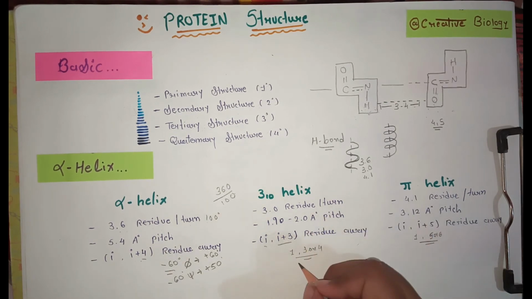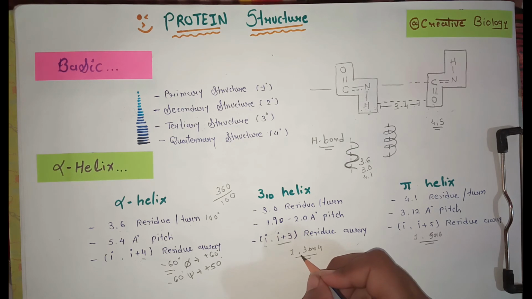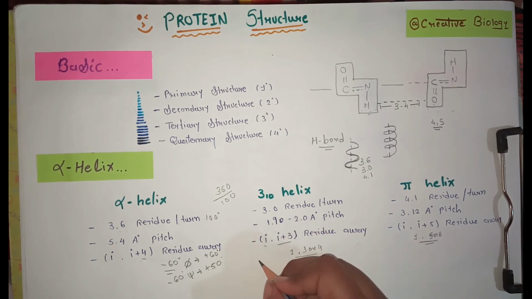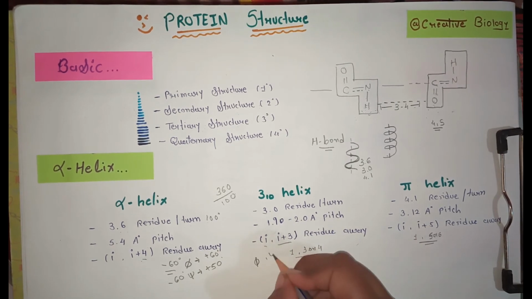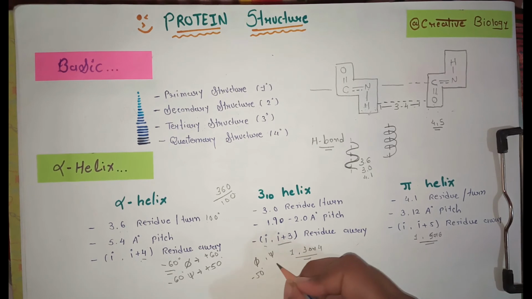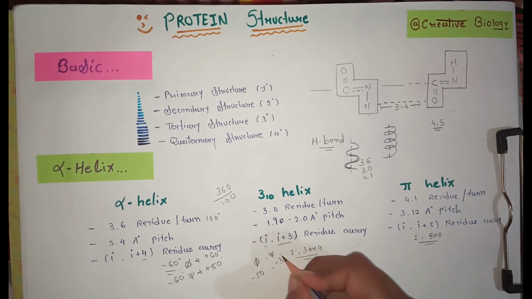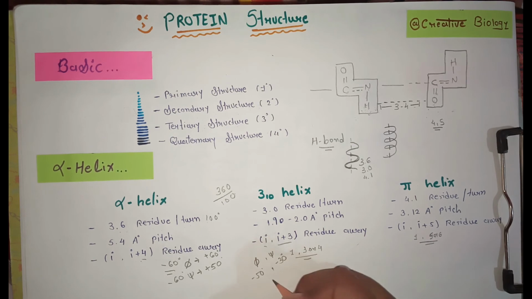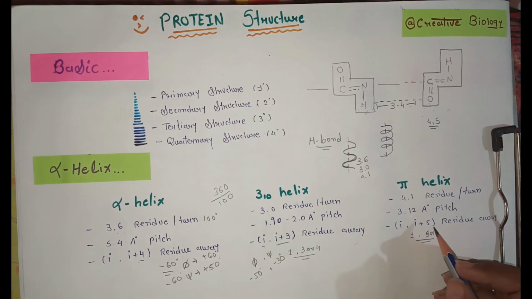In the 3-10 helical structure, there is also a right-handed form. Phi is near minus 50 degrees, while psi is near minus 30 degrees. That is not the exact value I told you, right?